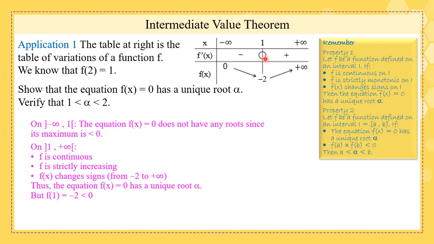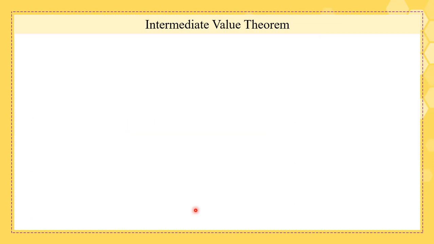But we know that f of 1 is -2, which is negative, and f of 2 is 1, which is positive. So their product is negative, and we can say that alpha falls between 1 and 2. Finally, the equation f of x equals 0 has a unique root alpha.